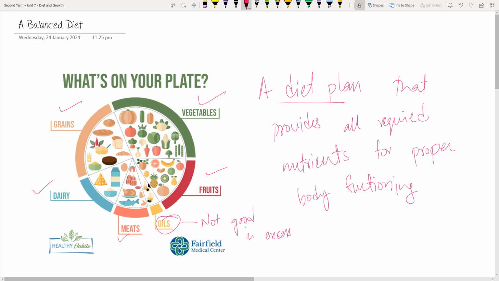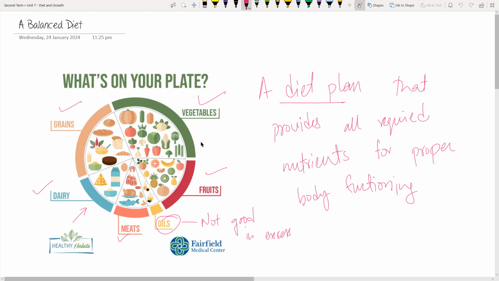Also, it fulfills our dietary urges, but because of that we are not able to consume other foods in a regular manner. So if we take more fried articles, then we won't be able to eat much from the other domains. And remember that your plate must be of this ratio, where you can see that vegetables have the biggest share, then grains, and then fruits. These are the three major components of your plate.